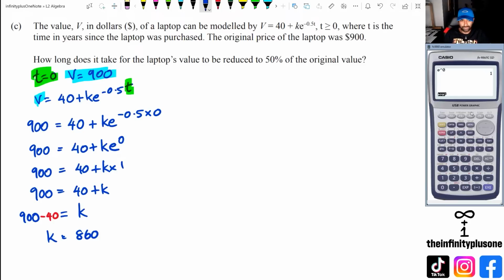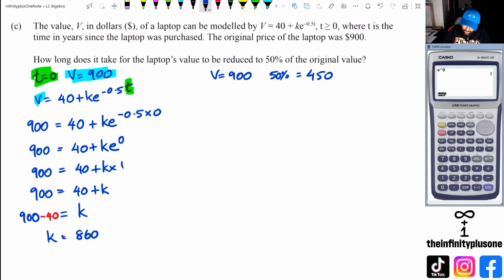Now this is the first part of this question. The second part is connected. We want to find when the value will be 50% of the original value. If the value was 900, then 50% is 450.